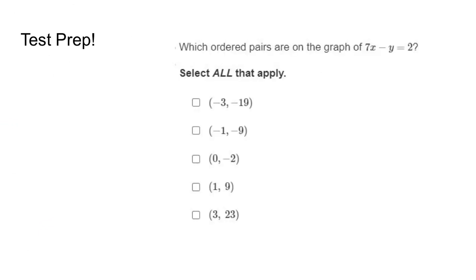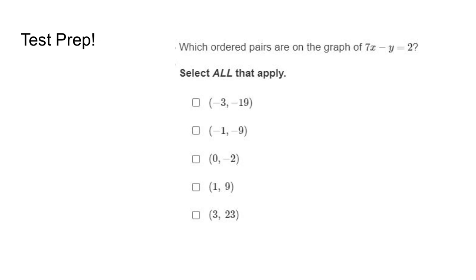All right. Now this one asked us which of these ordered pairs is on this graph. Take a minute, pause the video, go to Desmos and see if you can get an answer to this, and then come back and check and see if your answer was correct. All right, if you did not go to Desmos, you need to go to Desmos and try this question out.